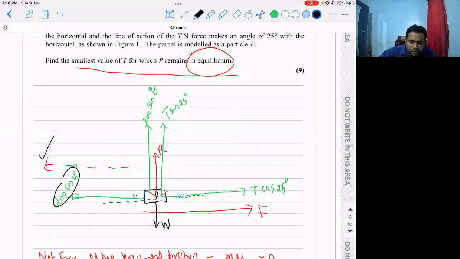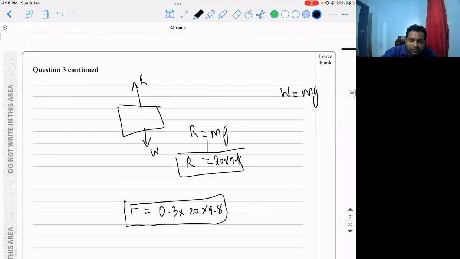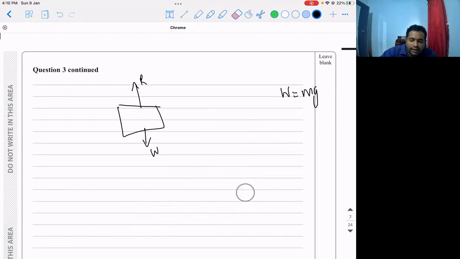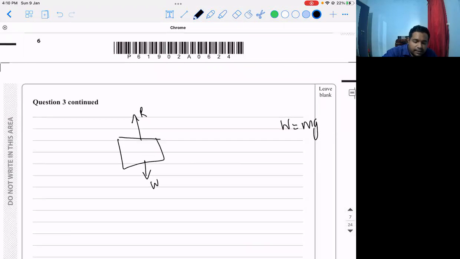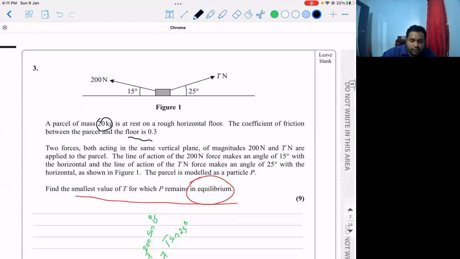So we will rework on the value of R, because in this we missed two more vertical components. What are they? T sine 15 and another is 200 cos 25. 200 cos 25, correct?